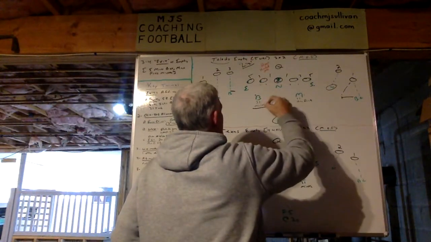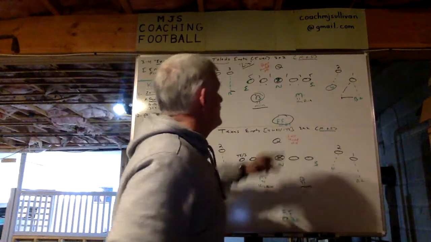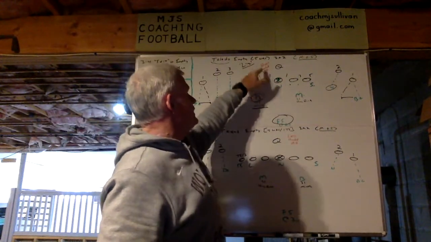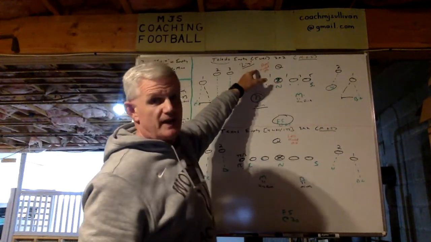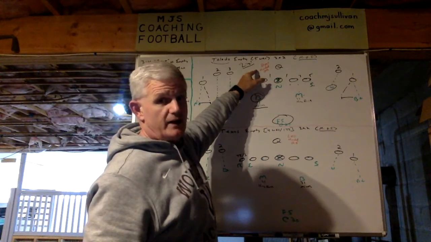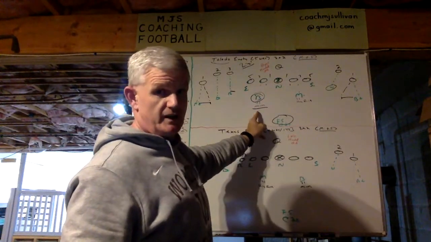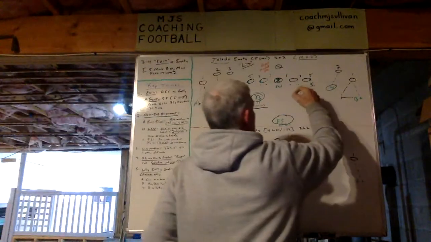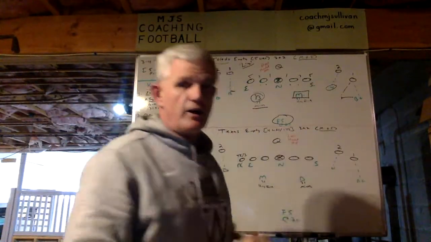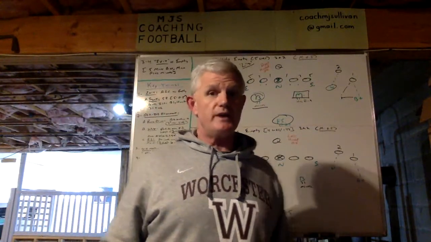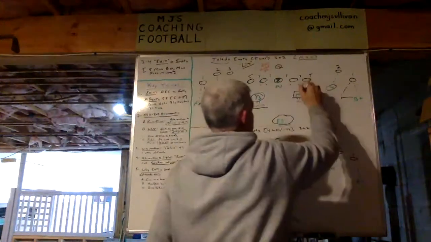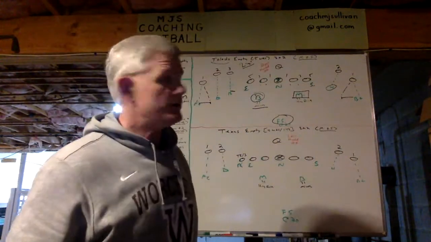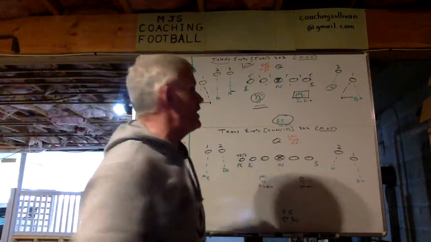So the mirror inside linebacker is the linebacker on the passing hand of the quarterback. So on a right-handed quarterback, it would be the left inside linebacker. The inside linebacker opposite the quarterback's throwing hand. So if it's a right-hander, the inside linebacker on the right is going to what we call key rush.